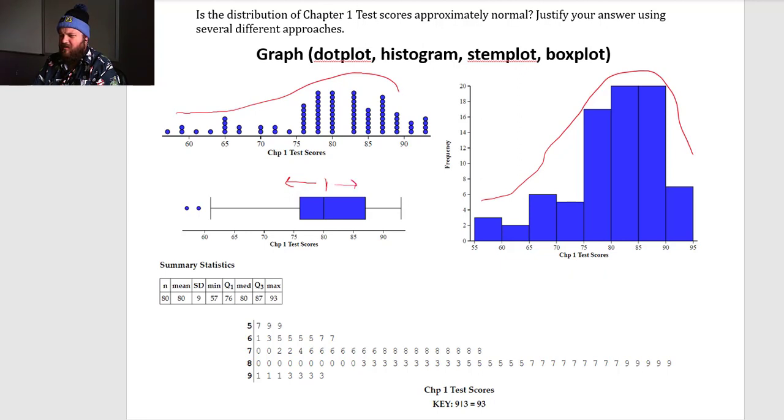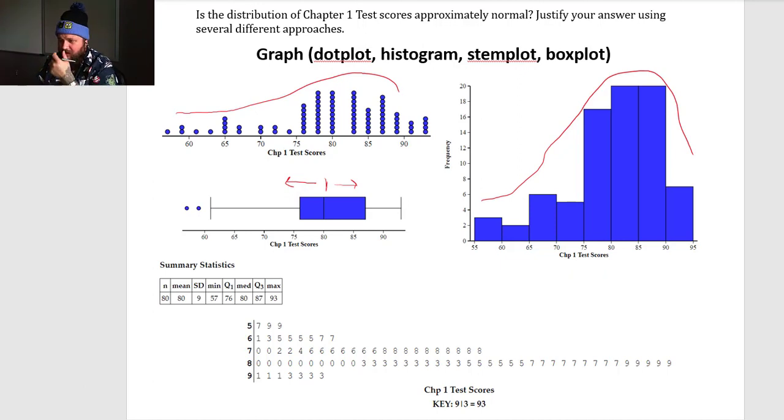So that almost looks like it could possibly be skewed as well. Don't use a box plot to determine if it's skewed or symmetric, but that is kind of apparent with the way that's set up. And then you have your stem and leaf, which looks pretty symmetric. If you were to rotate that 90 degrees counterclockwise, that would look like a pretty symmetric setup. So the stem and leaf looks regular symmetric.